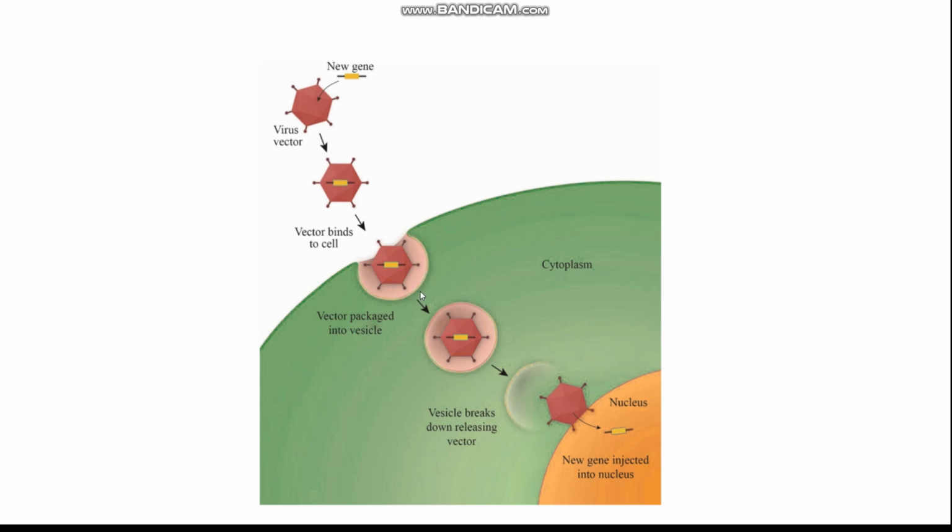Now it becomes single-stranded DNA, and now you use reverse transcriptase to make it double-stranded, and then it comes into the nucleus via an enzyme, and then that gets inserted into the gene, right, replacing the missing gene, and now you should be good to go, right?